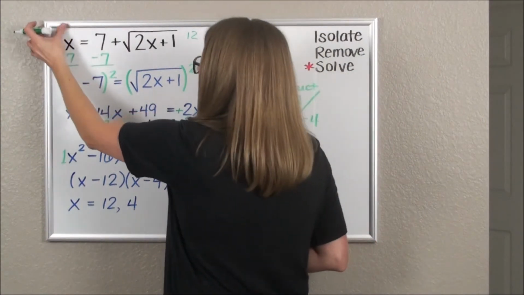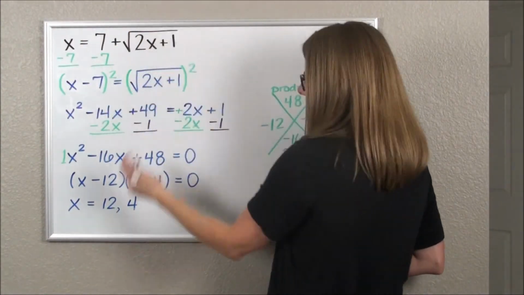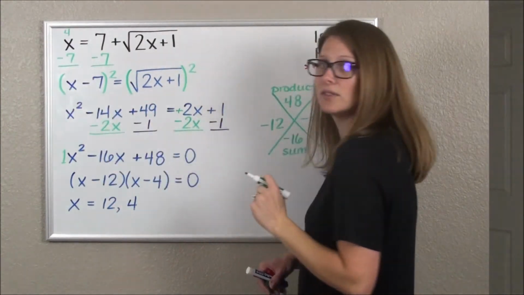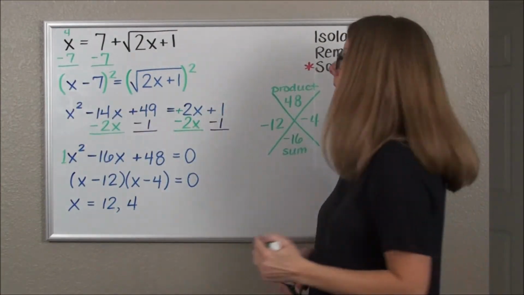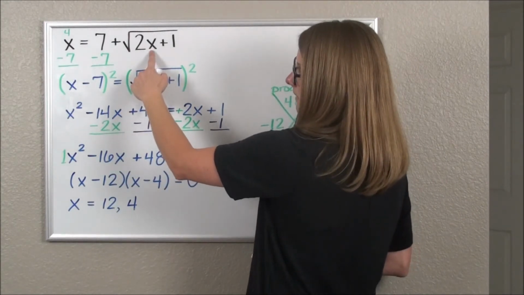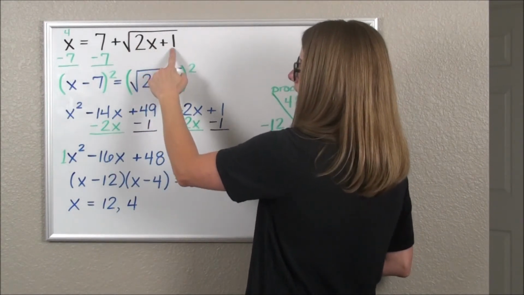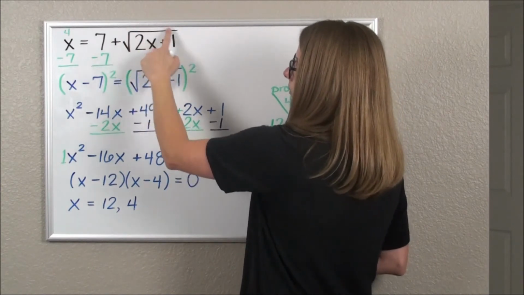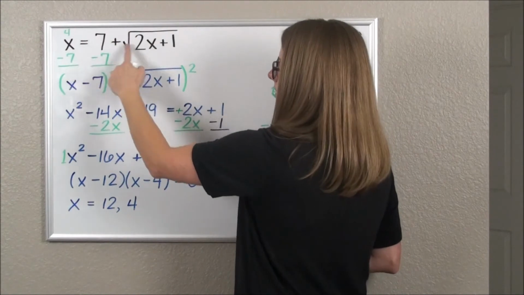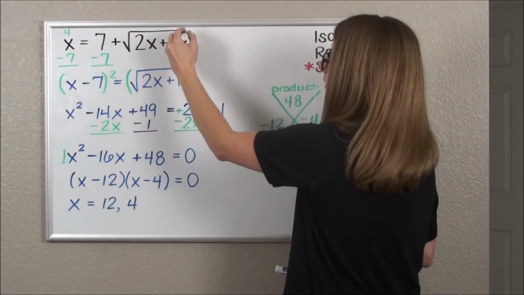Let's now test the 4. If I plug in a 4 where I see x, then my left side now says 4. Let's see if the right side matches. Again, plugging in 4 where I see x, 2 times 4 is 8. 8 plus 1 is 9. The square root of 9 is 3. And 7 plus 3 is 10.